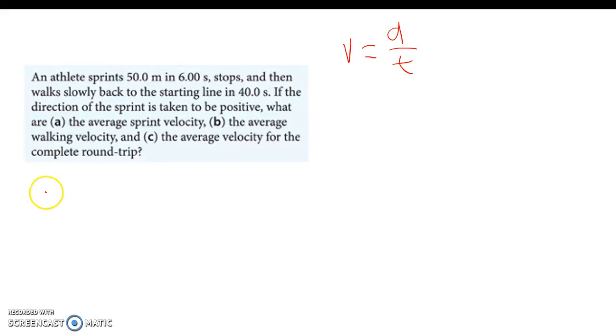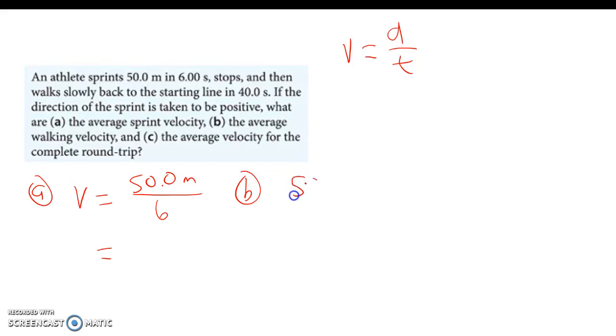Let's look at A when he's sprinting. Velocity is going to be 50 meters in 6 seconds. For B, the average walking velocity, again, he walks back to where he started, 50 meters in 40 seconds.